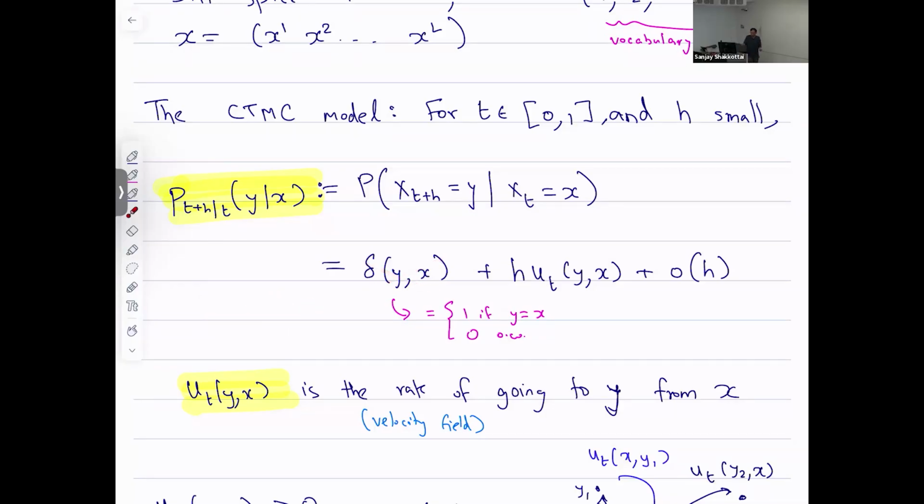So all this is saying is that when the time step is chosen to be small enough, with very high probability I'll stay where I am in the discretized time step system. The remaining probability is distributed to various states depending on this velocity. That's it. And velocity times h is the probability itself of being in that state.